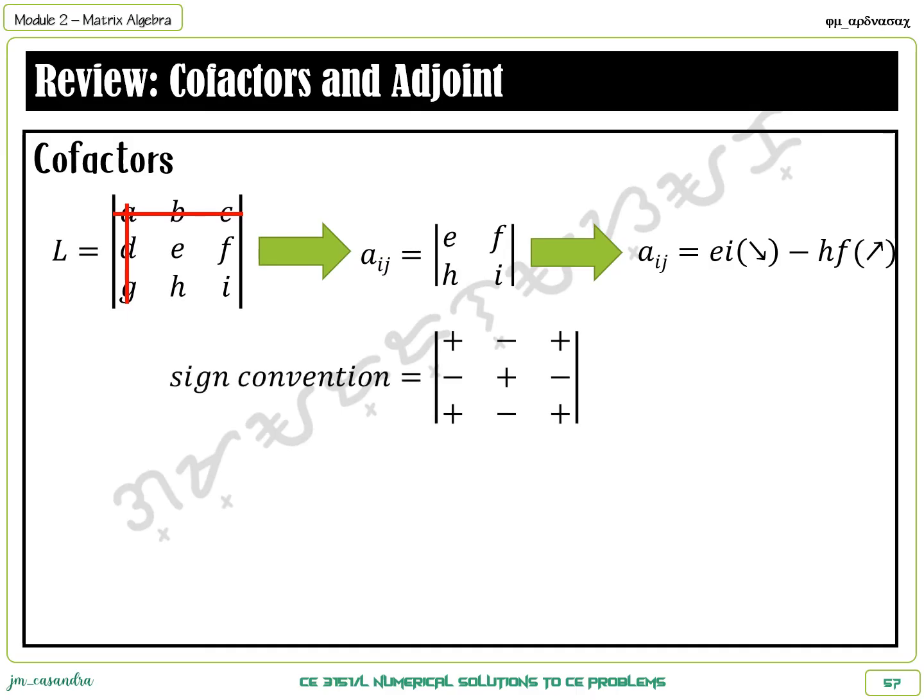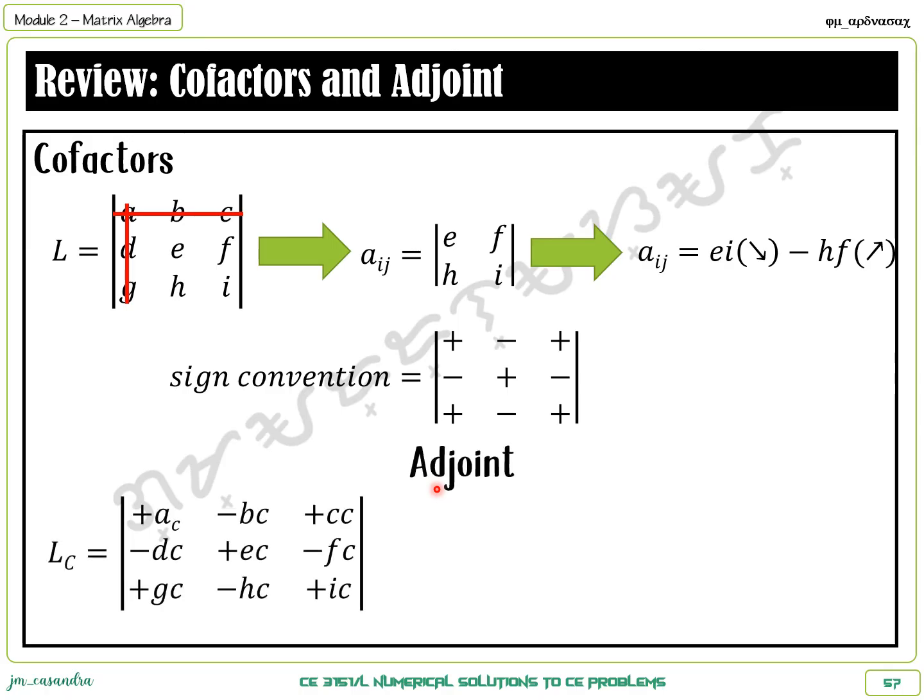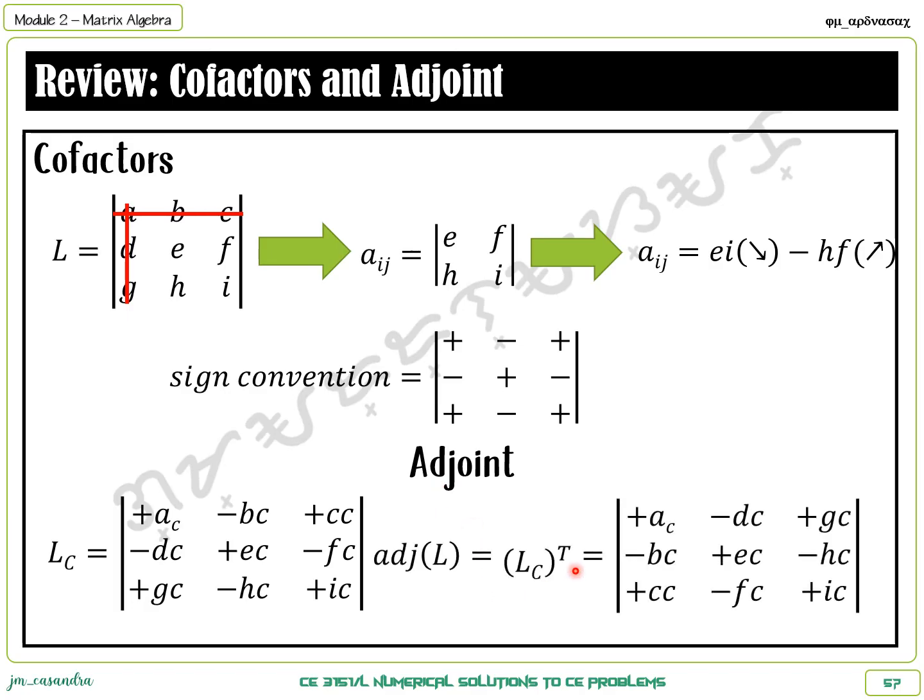If you have computed all the values of each element for the cofactor, you transfer it to your equivalent cofactor matrix, with the following sign conventions. We have positive, negative, positive. So it's an alternating sign convention for each element. Okay, so for the adjoint, once you have taken the cofactor of all of the elements, you simply compute the transpose of that matrix.